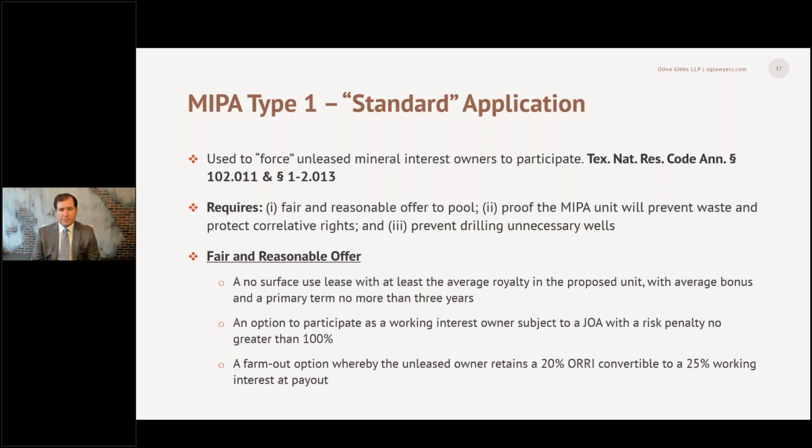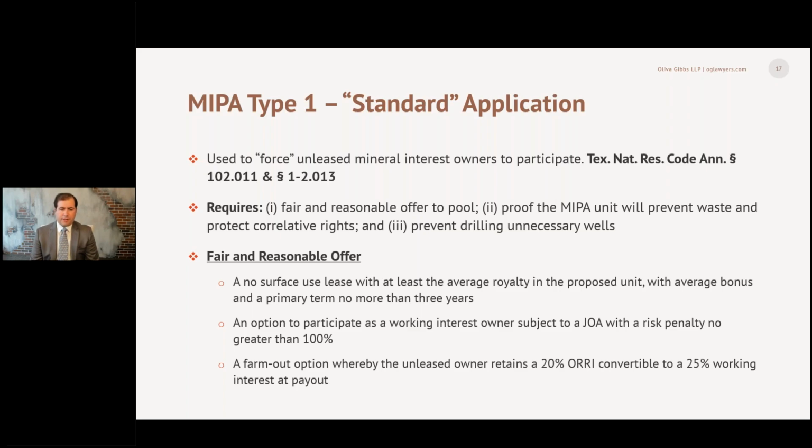Another would be an option to participate as a working interest owner subject to a JOA. So if you reached out to the unleased owner, or even to another working interest owner that's refusing to work with you, and say, hey, I want you to sign a JOA with the risk penalty no greater than 100%, and participate in drilling this well with me, and they refuse, that would be a fair and reasonable offer.